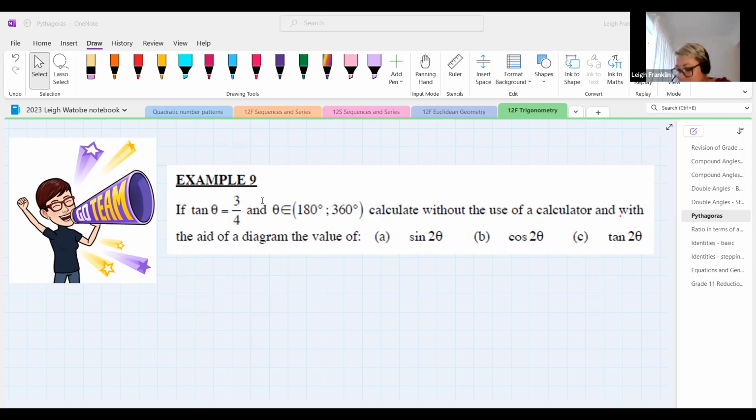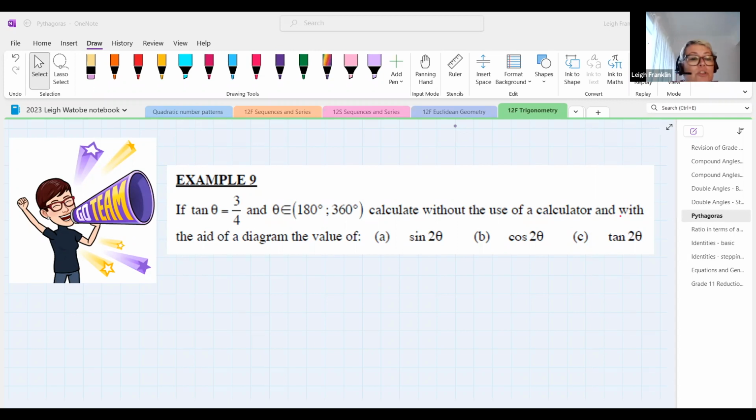This is a typical exam type question. It is very important that we're able to understand and do these, because once we have gone through all of the trig, we'll go back and have a look at the exam type questions that they ask us. This one often comes up, and it would be considered a level 2 kind of question. So we would all want to be able to do this.